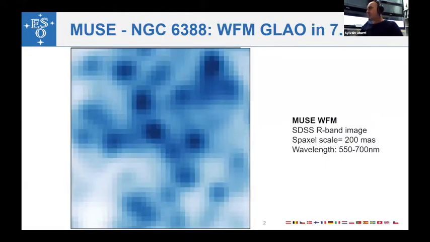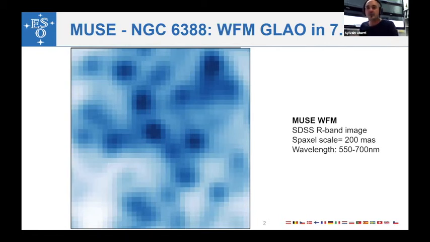This mode is providing a very high spatial resolution in the visible. To give an example, this is a globular cluster that is observed with NEWS in wide field mode. So with GLAO, with a pretty good resolution for GLAO, 0.4 arcseconds.